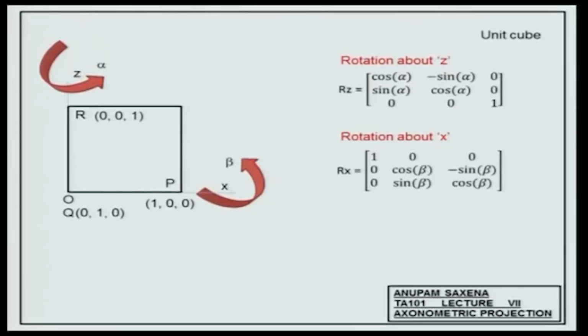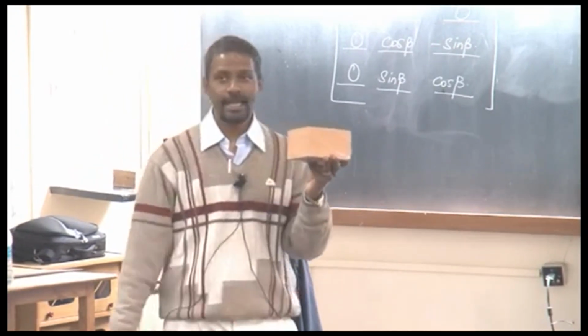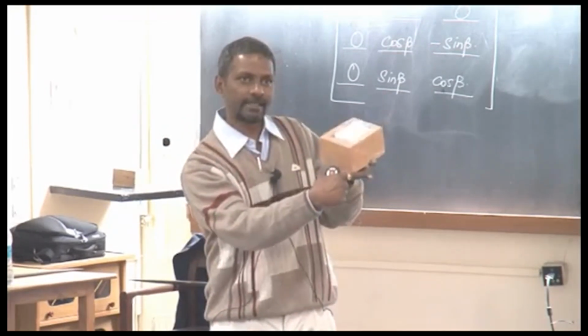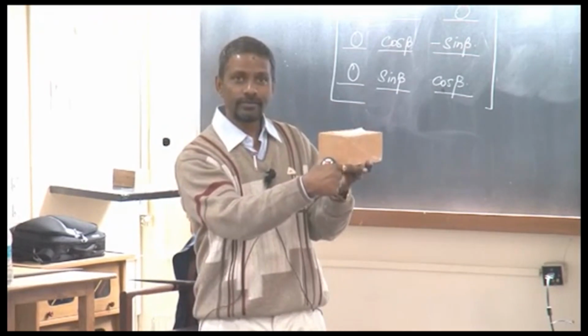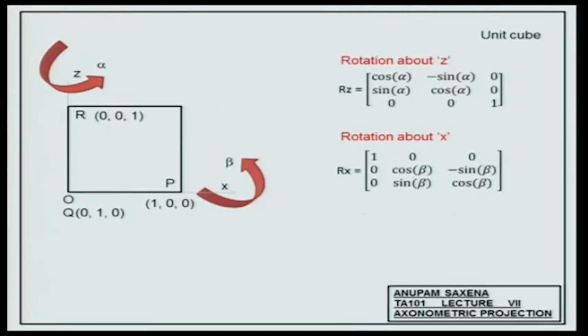Got it right? So remember, let's not lose the physics. Let's come back. A single plane, rotation about z by some angle. That rotation matrix is given by R of z. And then this is my x axis, rotation about the x axis. The second matrix gives you the rotation. And the third step is whatever you see here, you have to project that on the vertical plane. What will happen then?